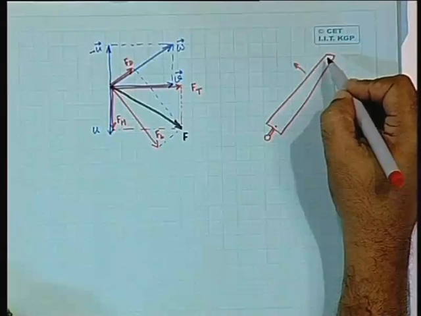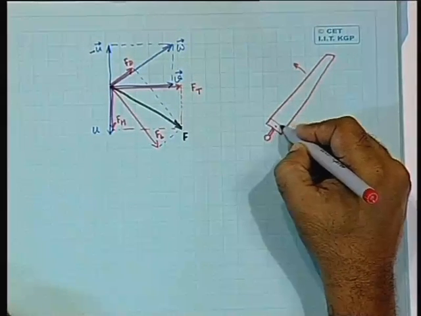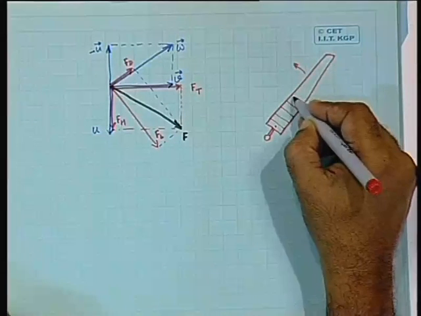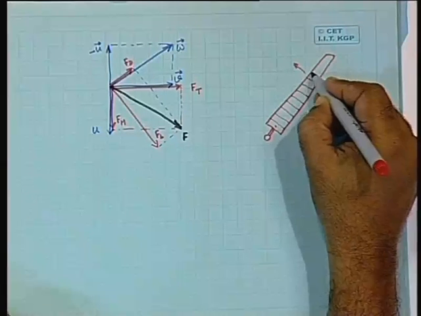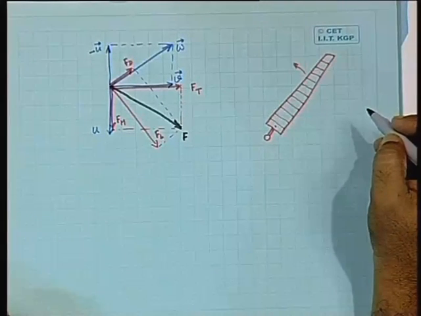So in order to do this calculation, what we do is we divide the blade into small sections. Okay.